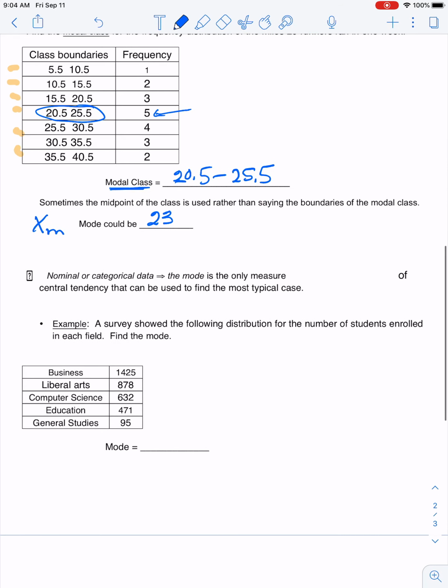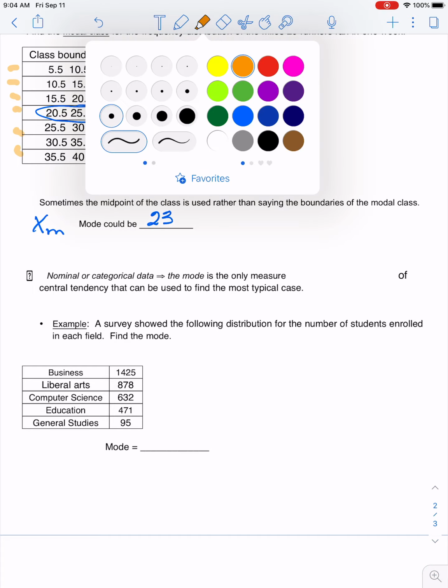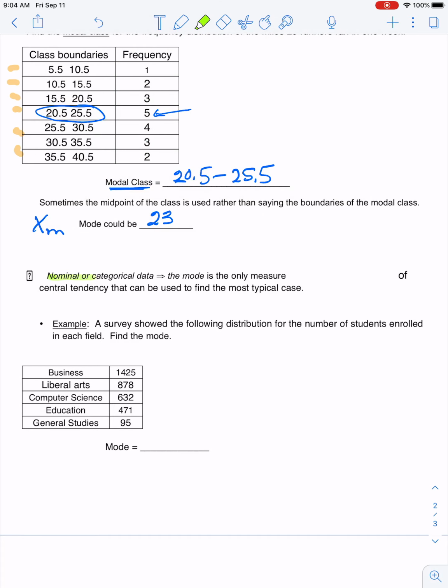To finish up, if you have nominal or categorical data, in other words if you have words, then the mode is just the most typical case, and you answer with a word. If this is our categorical frequency table, these should be listed as frequencies.